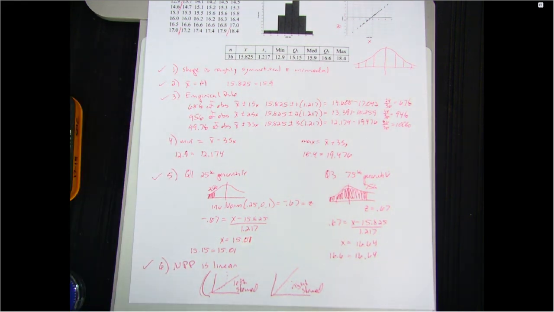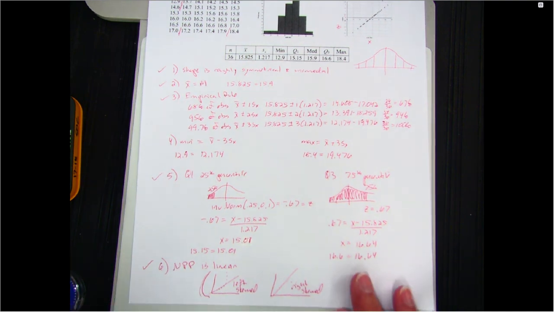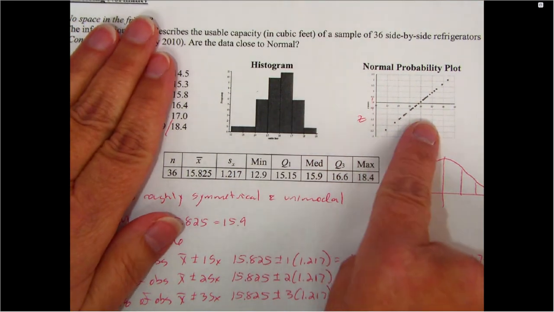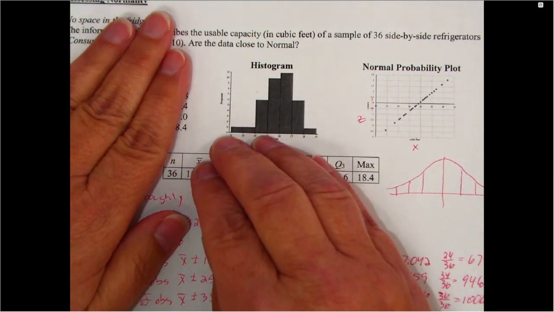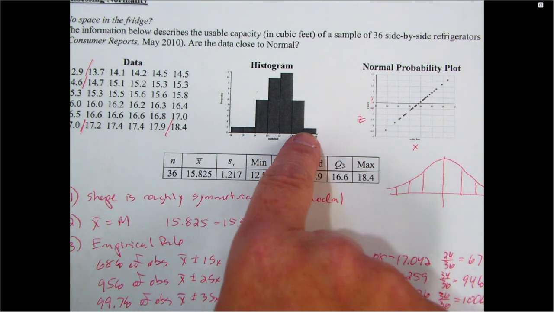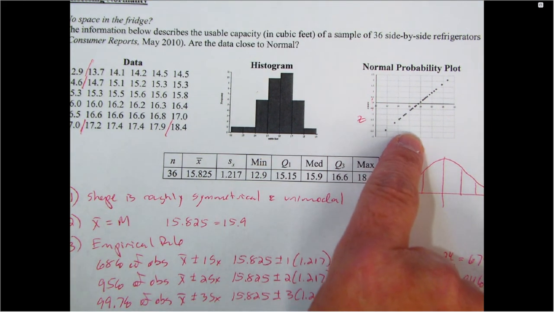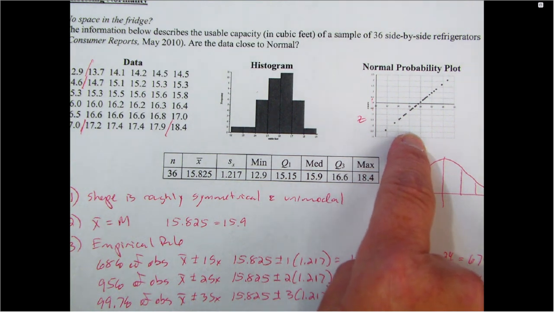Now, you probably will not have to do all 6 of these for a single question. It all depends on what you get, okay? So if all they give you was, say, the graph and the normal probability plot, all you could really say is the graph is roughly symmetrical and unimodal, and the normal probability plot is linear, so that's proof that my distribution is approximately normal, okay?